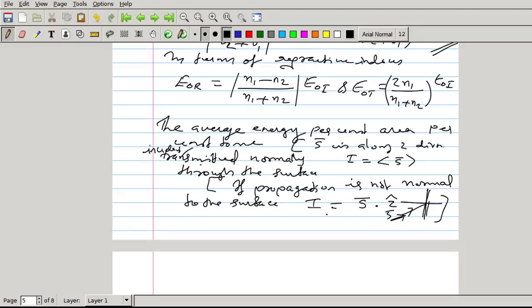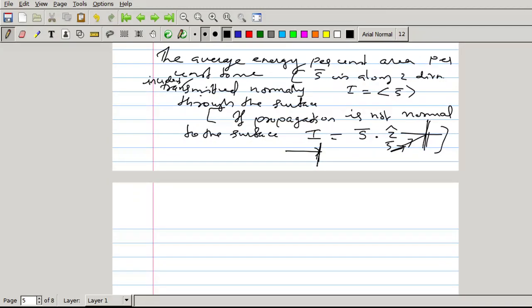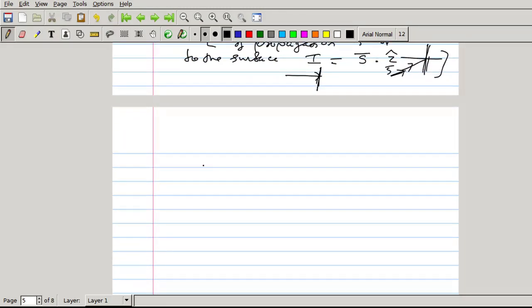The direction of incidence and the normal to the surface are along the same direction, the z direction. So simply take the expectation of S as the intensity. In this case, we can take the intensity of the wave as I equal to, as we calculated earlier, half v epsilon E0 square.